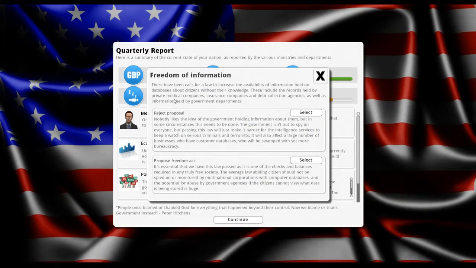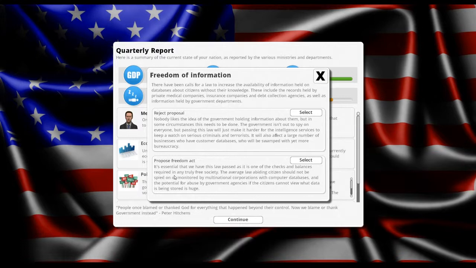Freedom of information. Okay, there have been calls for a law to increase the availability of information held on databases about citizens without their knowledge. These include the records held by private medical companies, insurance companies, and debt collection agencies, as well as information held by government departments. I say propose the Freedom Act. It's essential that we have this law passed, as it is one of the checks and balances required in any truly free society.